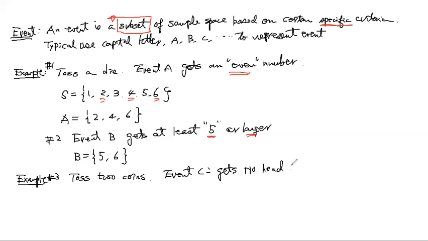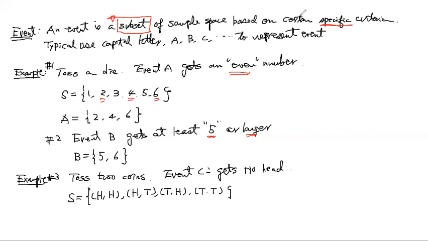So for this experiment, I toss 2 coins, so my sample space will be, like we did on the previous page, head head, head tail, tail head, tail tail, right?